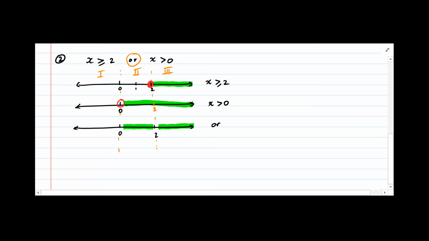When we look at the first boundary at x equal to 0, will that be an open or a closed circle? Well, it has to be an open circle because it was not included in either sets. So remember, in the union, if it is not there, you couldn't just miraculously put it in.